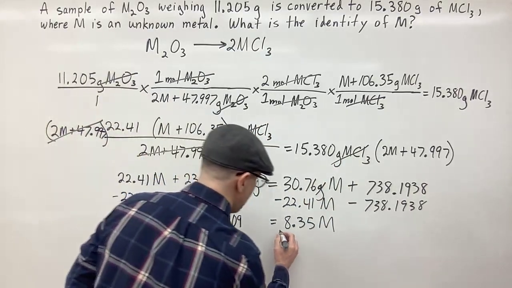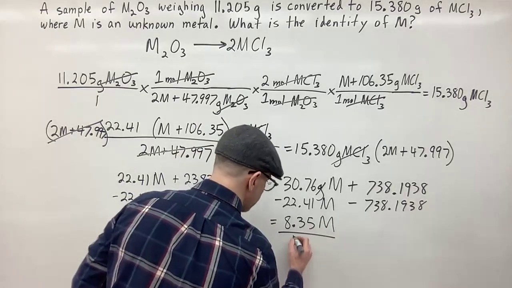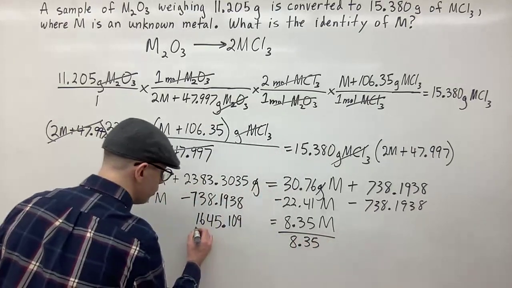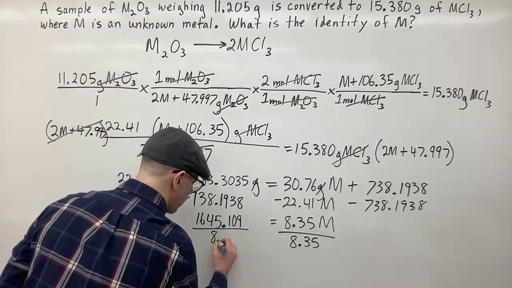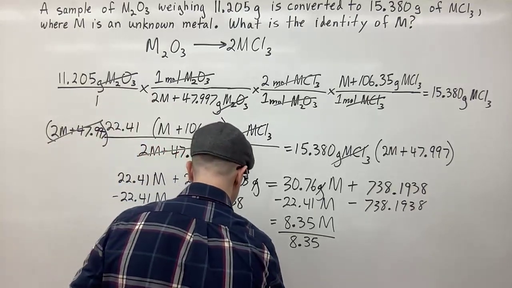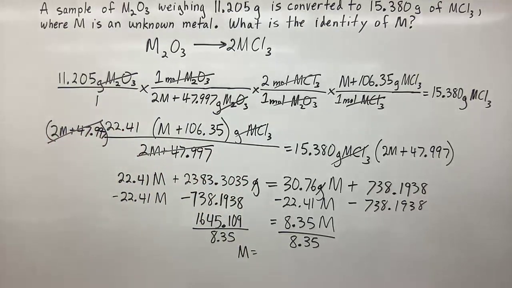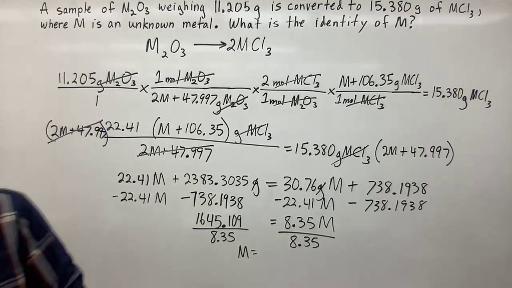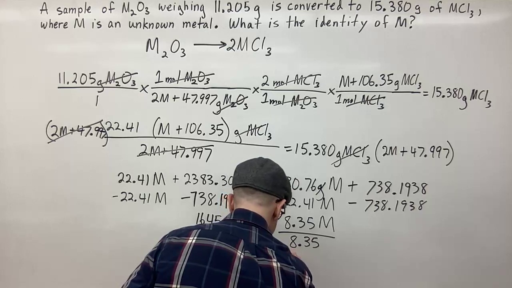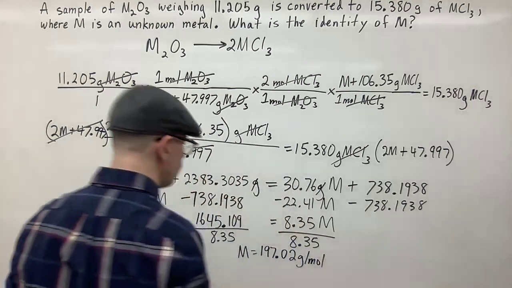And so when we now solve for M, because M represents the molar mass, we're going to divide by 8.35 on both sides, and we get M is equal to 197.02 grams per mole.